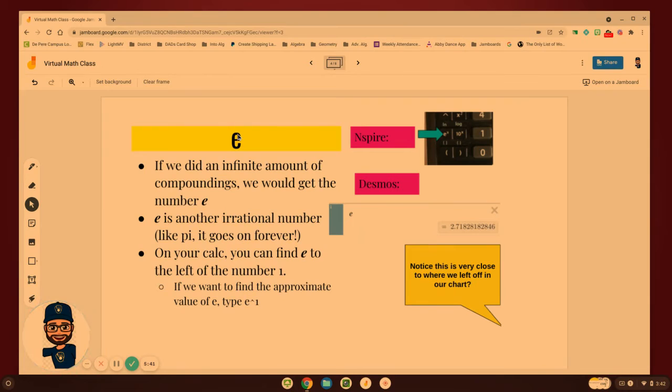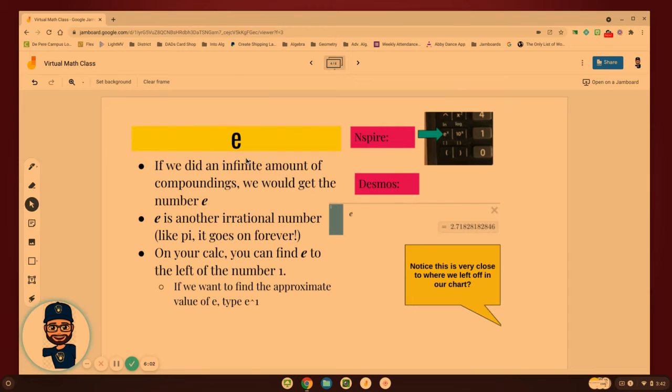E in math is actually a number. It's this number, 2.71828. It's just like pi in that it goes on forever and ever. We can use this E value in some of our equations when the compounding is continuous.